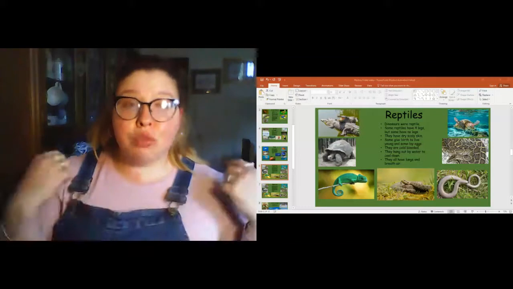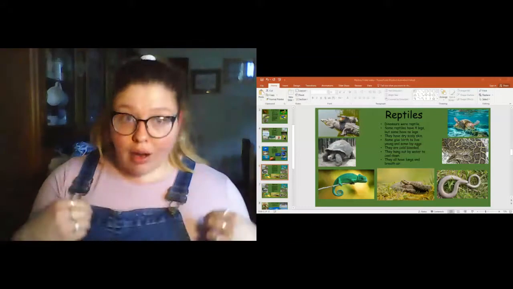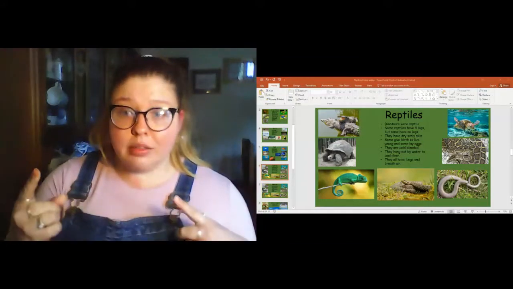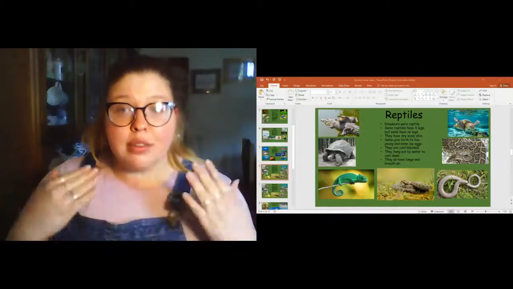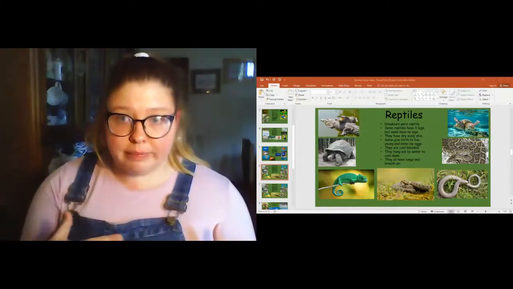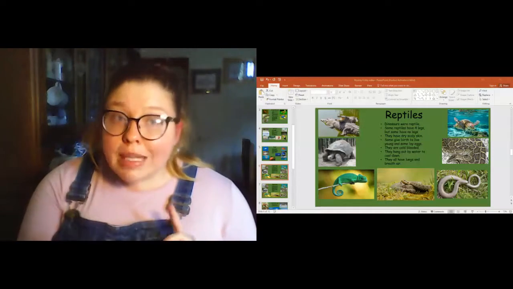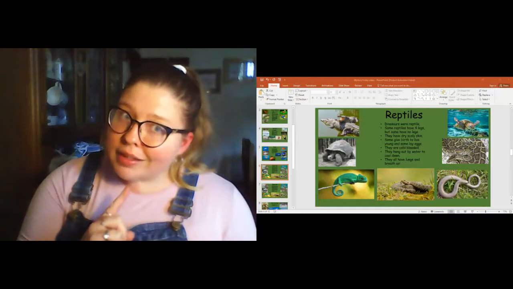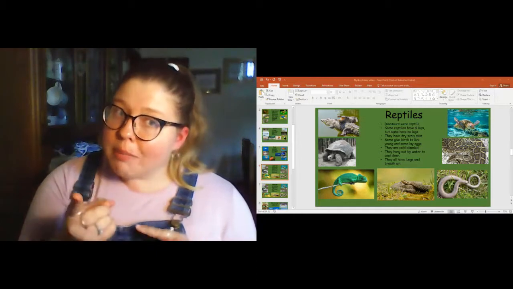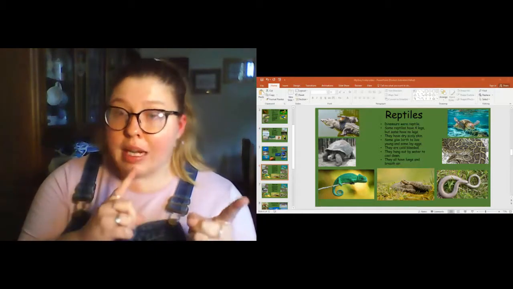They have dry, scaly skin. So unlike the amphibian, who has wet, smooth skin, reptiles have dry, scaly skin. Okay? Some give birth to live young, like mammals, but some lay eggs. Tricky. So some give birth to live young, some lay eggs.